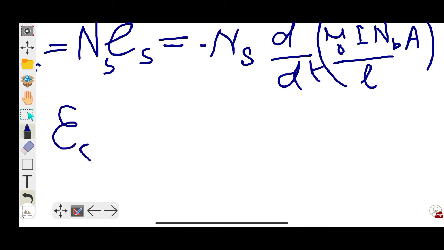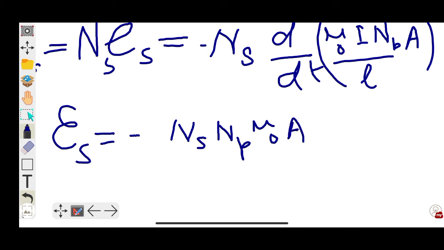So ES will be equal to minus NS NP mu naught A upon L into dI by dt.